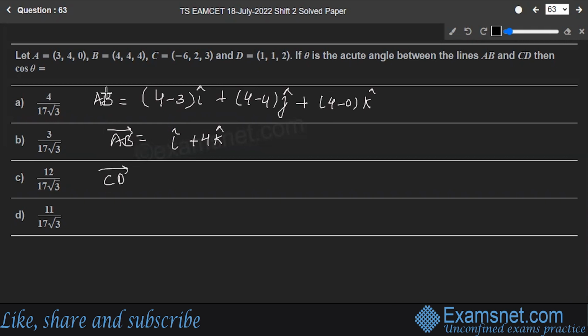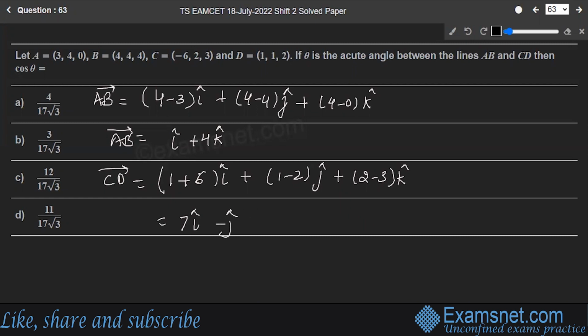Similarly, the CD vector can be given as 6i, 1 minus 2j, 2 minus 3k, which will be 7i minus j minus k. So these are the two vectors AB and CD.